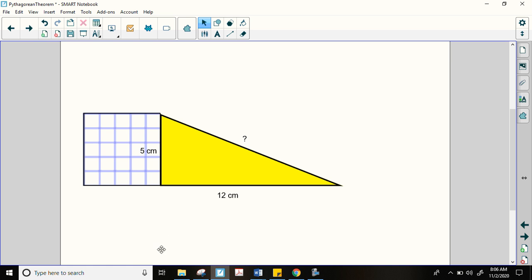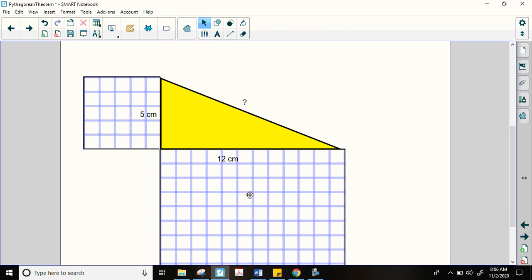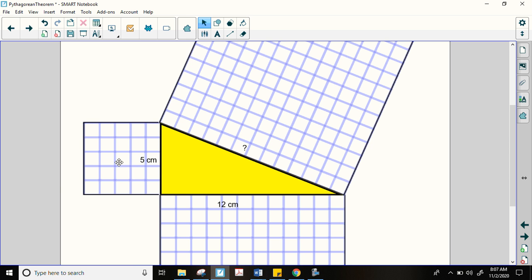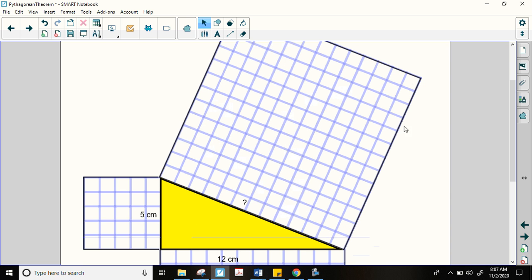Let's measure out 12 down and make a 12 by 12 square here. Well, that's 144 pieces. So then the square on this side would be 144 plus 25, which gives us 169, which means if we take the square root of that, we'd get a triangle side of 13.